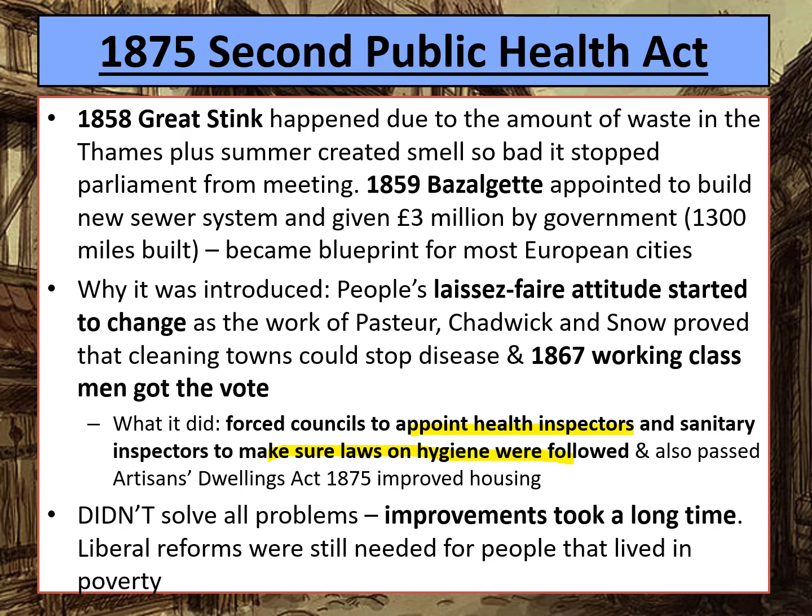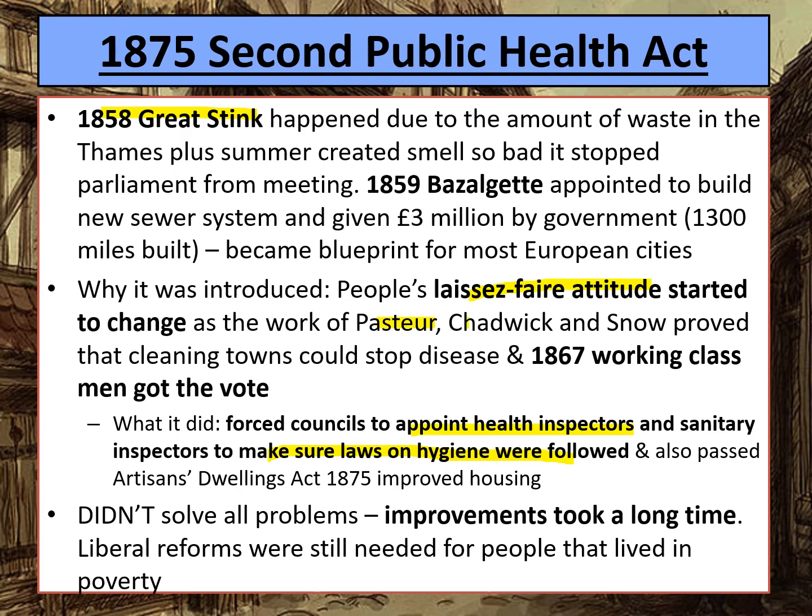So one of the reasons why it was passed was because of the Great Stink, which prompted government action. But also generally there started to be a real change in attitude of the government. They were less about laissez-faire or self-help, and they started to believe more that it was their job to do something. There was also the work of Louis Pasteur, who had published about germ theory in 1861, and that had started to convince the government that they actually need to do something about preventing bacteria and things like germs as well.